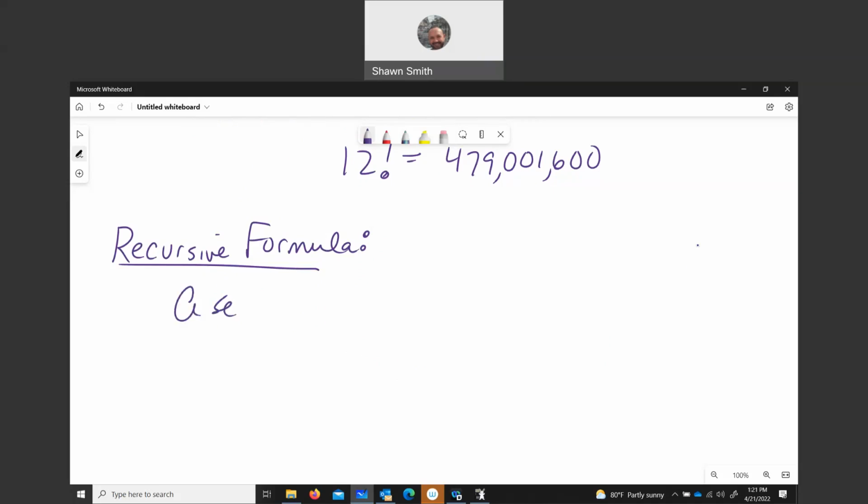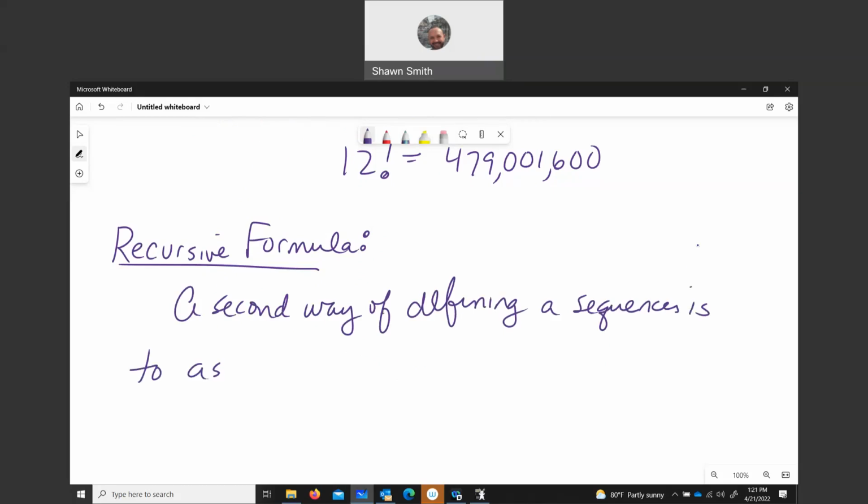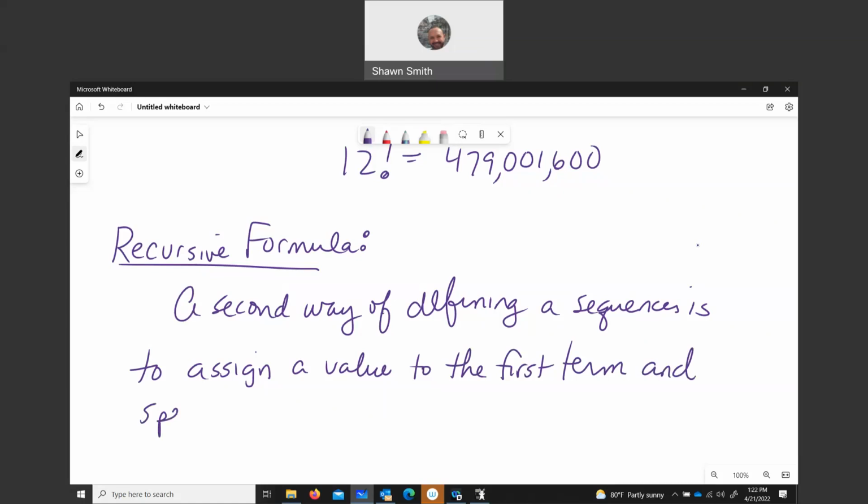So here's a second way of defining a sequence: is to assign a value to the first term and specify the nth term by a formula that involves one or more of the terms preceding it.